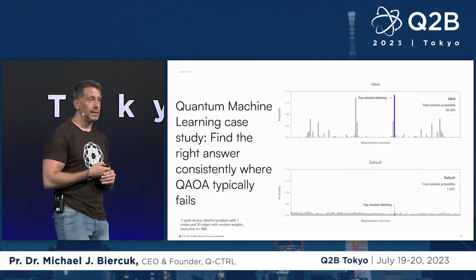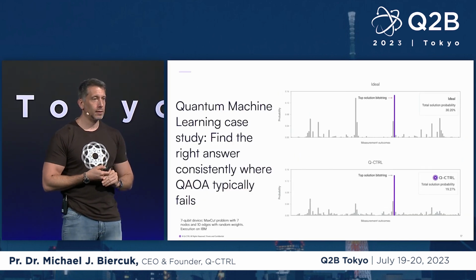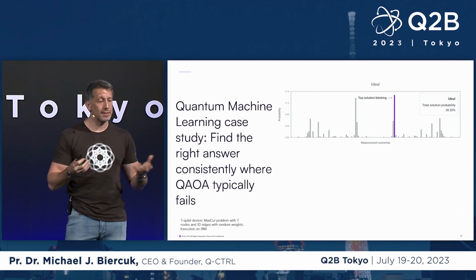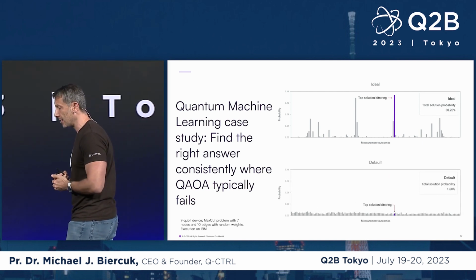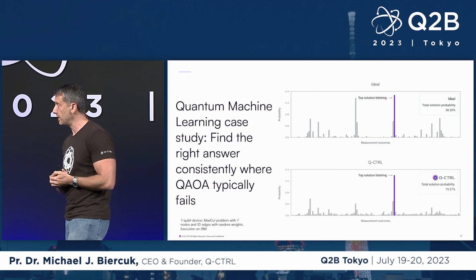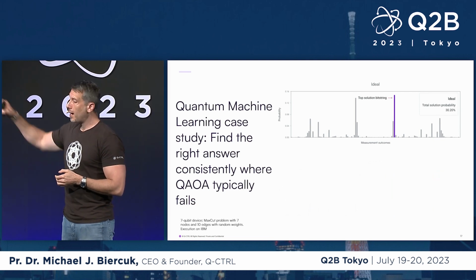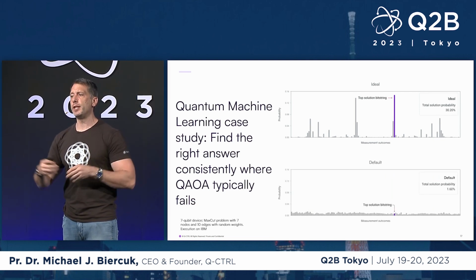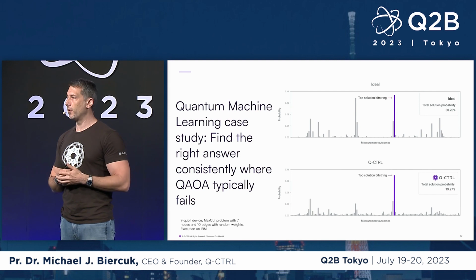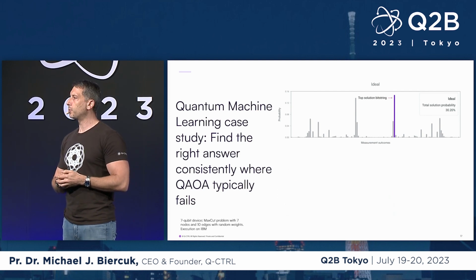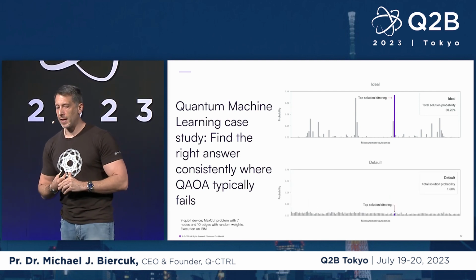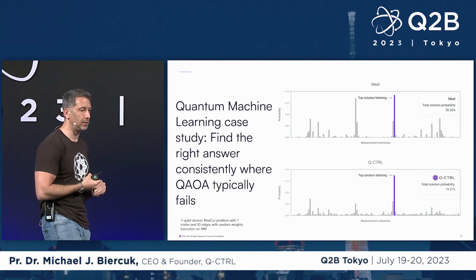With a simple example from quantum machine learning, you can see the difference that adding this single-line execution of QAOA delivers. The top is the set of outputs that the machine should give, in the same spirit of what I showed before. That's what the output should look like, finding the answer to what's called a max cut problem.